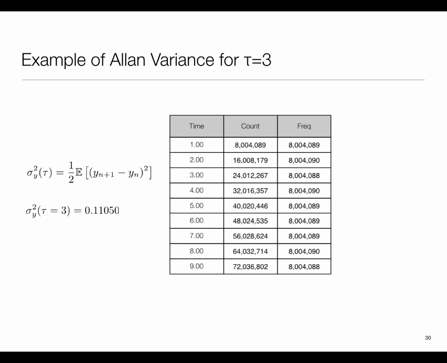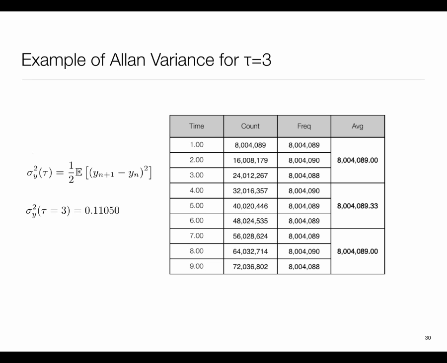Between successive pairs of readings, I'm going to get different frequencies, and you can see that they differ slightly. Some of it is simply the quantization error, but some of it is also because of the instability in the frequency.